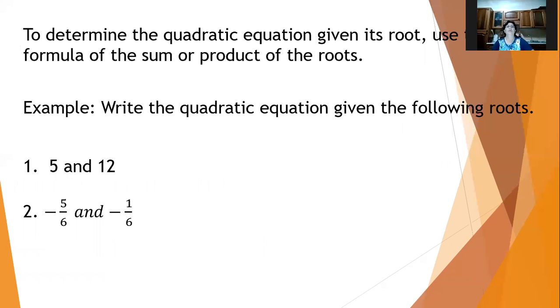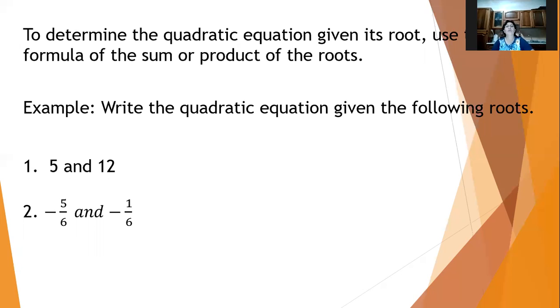Now, how about this one? Determine the quadratic equation given its roots. Use the formula of the sum and product of the roots. Vice versa: last time, they gave the equation, and then you had to find the roots and the sum and the product. This one, the given are the roots, and then you have to derive the equation.